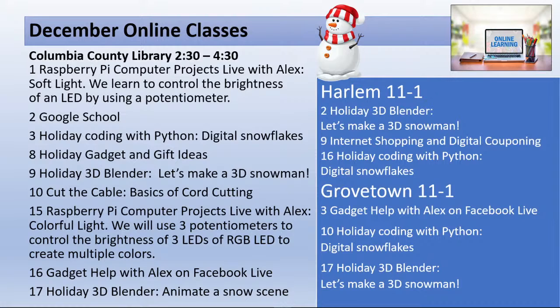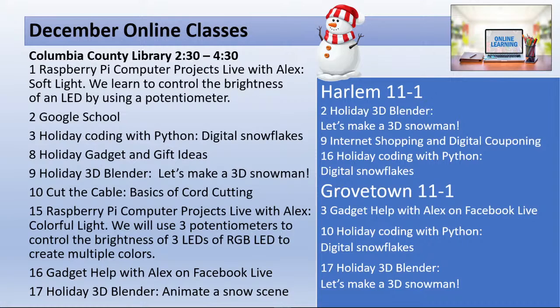And of course, this month we did a whole bunch. We did some Raspberry Pi classes. We did Google School, still up and available. And of course, the How to Build a Snowman class, we did that one earlier today. If you want something to coincide with this class, that's probably what I'd recommend. That's kind of a beginner Blender class, creating something, and this class is more focused on animating a car driving around.